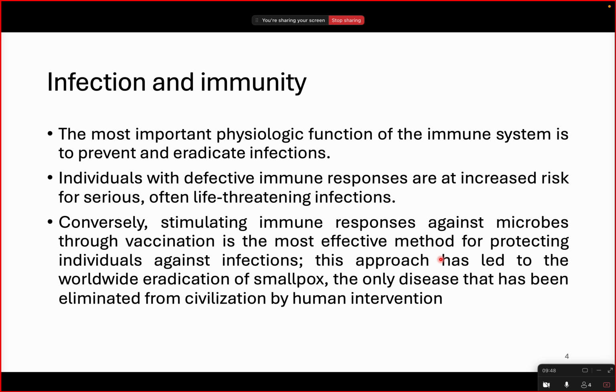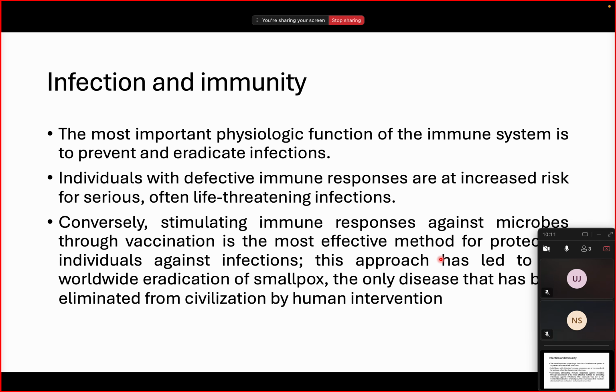The whole process of vaccination is that a memory should be there within you, so that if the pathogen enters a second time, your symptoms will be less severe and your recovery will be faster. All these things can be achieved by proper vaccination. This approach has led to the worldwide eradication of smallpox.